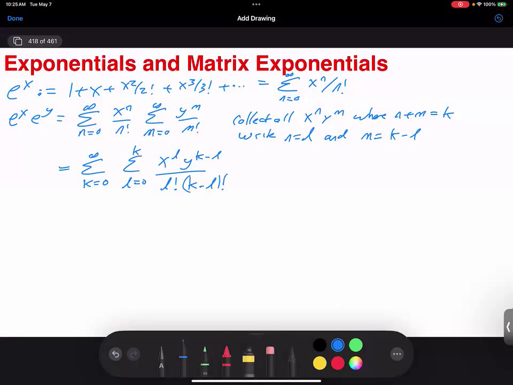Now, when you look at this, it should be screaming at you that this looks like something you've seen before. What does this look like? You've got an L factorial, k minus L factorial. What do I need to put in the numerator?